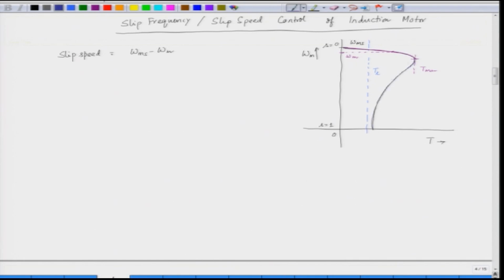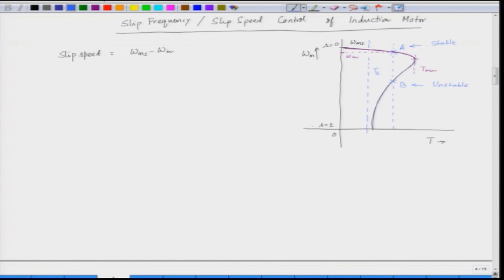Stable and unstable is defined with respect to a torque profile. If we have a torque which is a little higher than that, we see that it intersects the torque speed characteristic at two points. For a constant torque load, point A is a stable point, and point B is an unstable point.